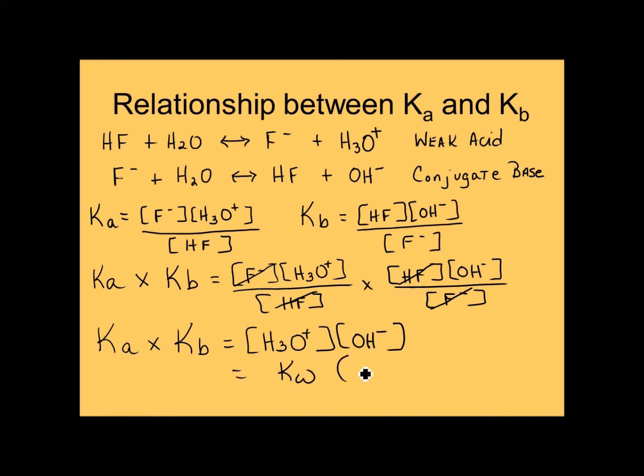And at 25 degrees Celsius, Kw has a numerical value of 1.0 times 10 to the negative 14. So the relationship between Ka and Kb is Ka times Kb is equal to Kw. Given one, you can find the other.